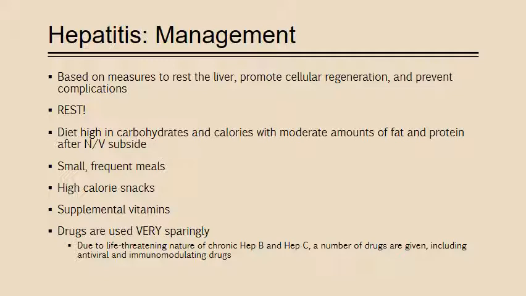High calorie snacks, supplemental vitamins, and drugs are used very sparingly. Due to the life-threatening nature of chronic hepatitis B and C, a number of drugs are given, including antiviral and immunomodulating drugs. So only when there's a life-threatening nature do we want to use medications that the liver has to process.